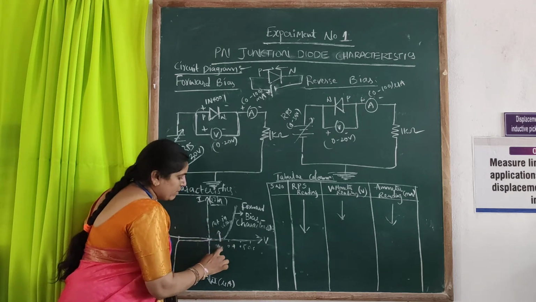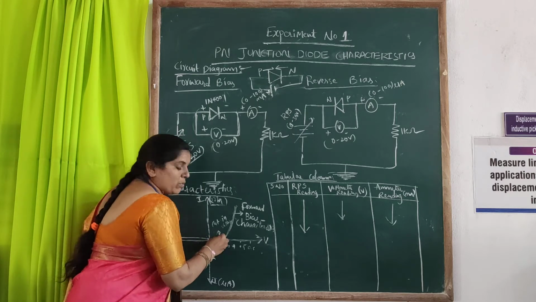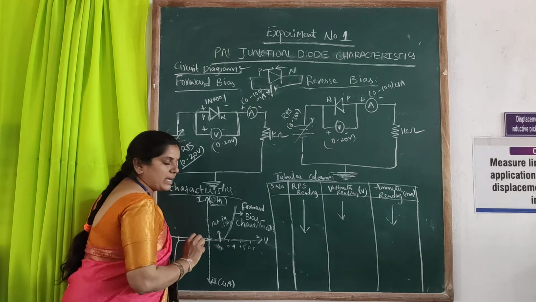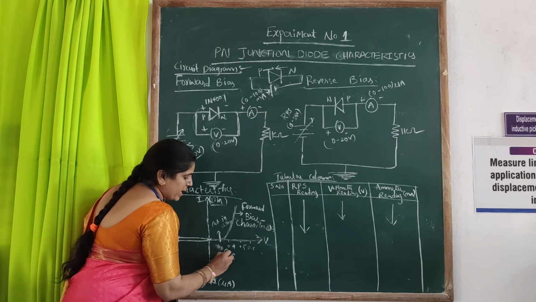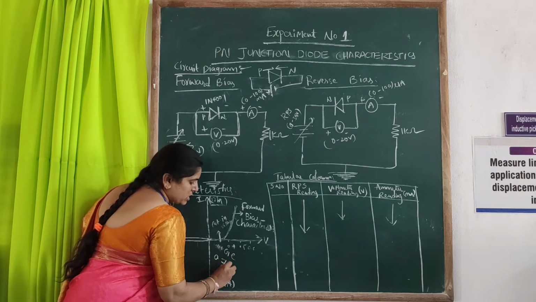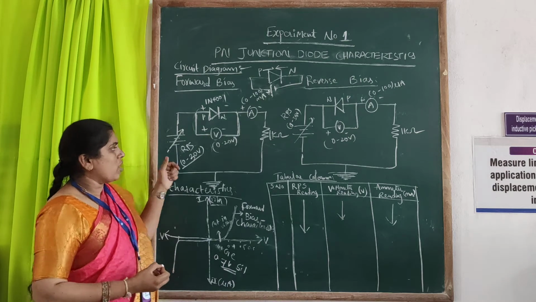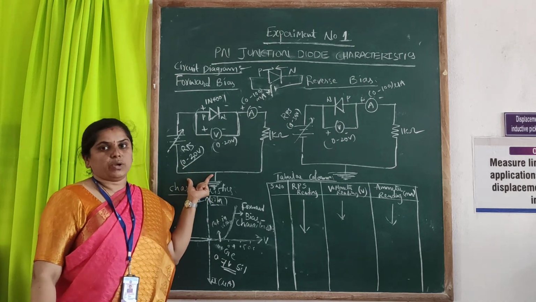Cut-in voltage is nothing but the voltage from which the diode will conduct. That is normally 0.3 volts for germanium and 0.7 volts for silicon. This is the operation and the experimental procedure of forward bias circuit.